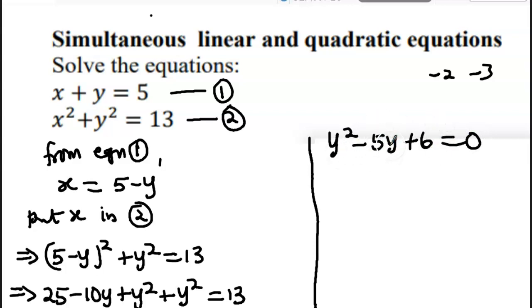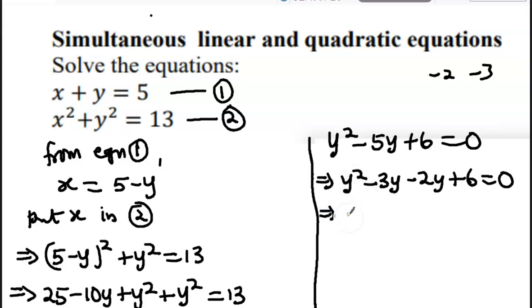We then break the middle term into these factors. So this implies that y squared minus 3y minus 2y plus 6 is equal to 0. Care must be taken here.